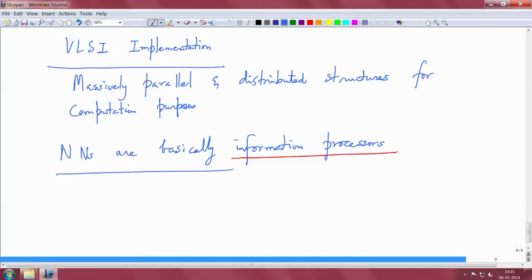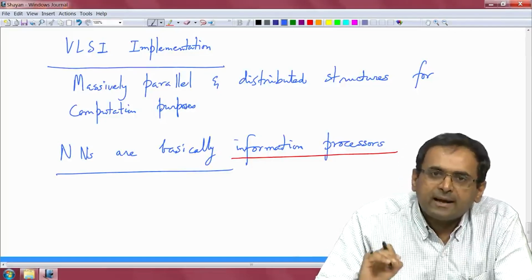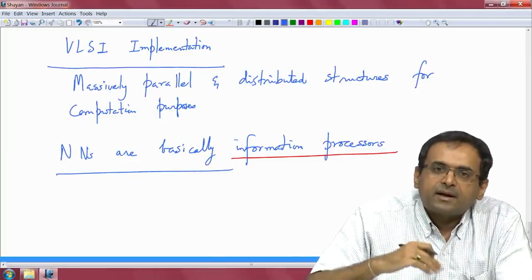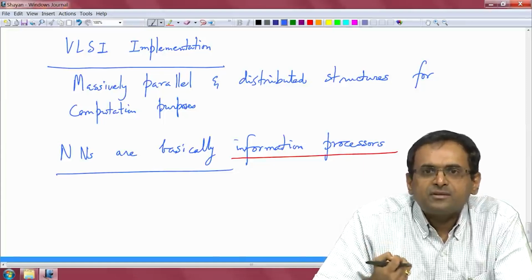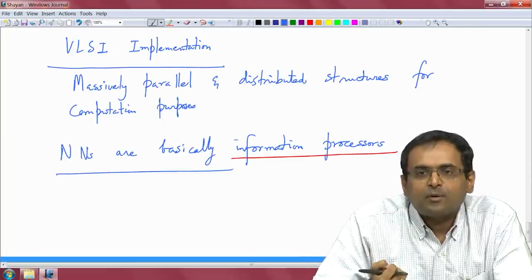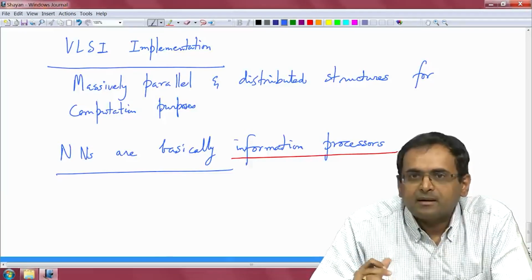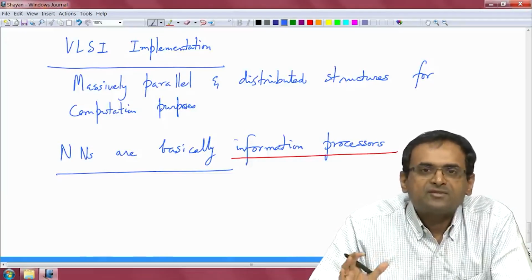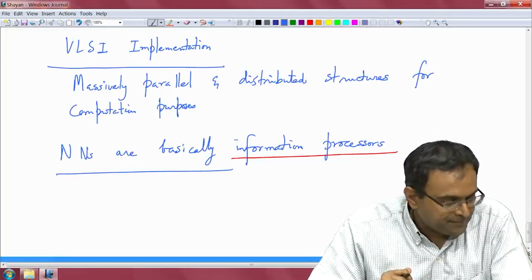So we think of a processor for DSP, a processor for computation, etc. Here this is an information processor because we are handling data non-linearly, we are learning these mappings, and there is a lot of information we are learning and memorizing, and then we use it towards association, pattern recall, etc., tasks which are all part of AI.